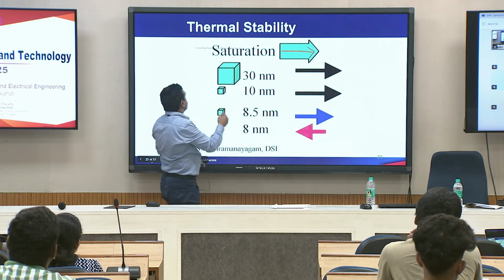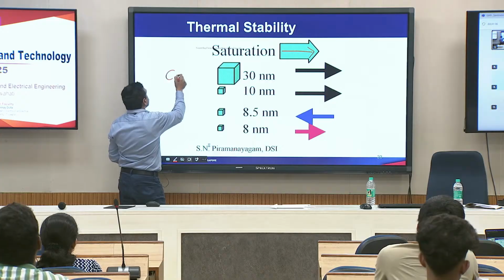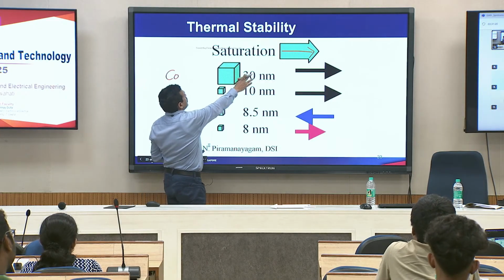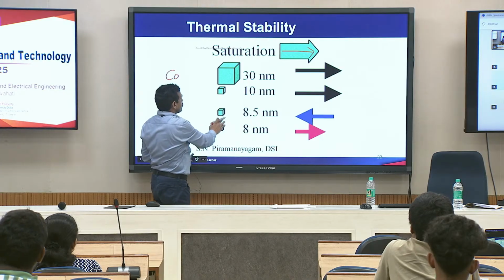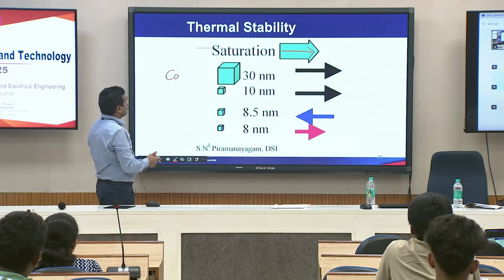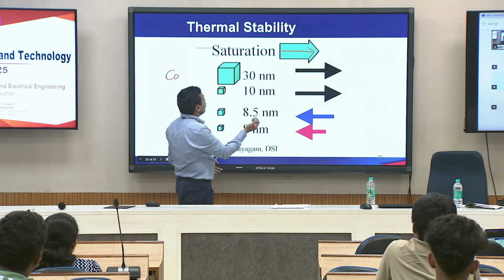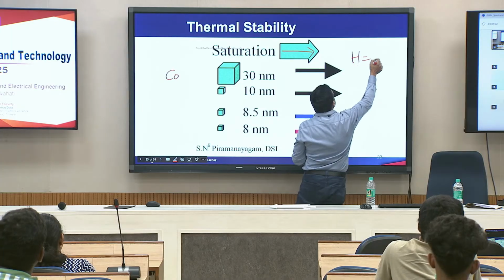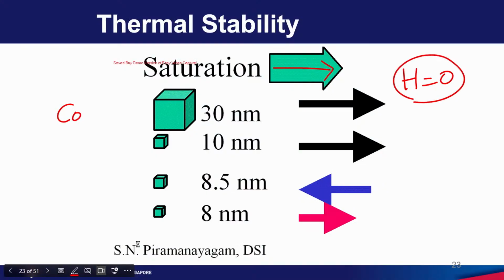Let us say this is a cobalt cube. In this case it is a 13 nanometer cube, 10 nanometer cube and so on. After I saturate, I remove the magnetic field and observe the magnetization at 0 field.